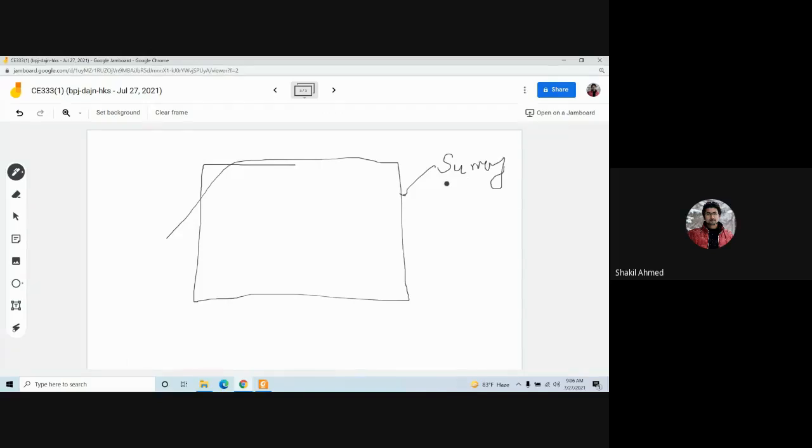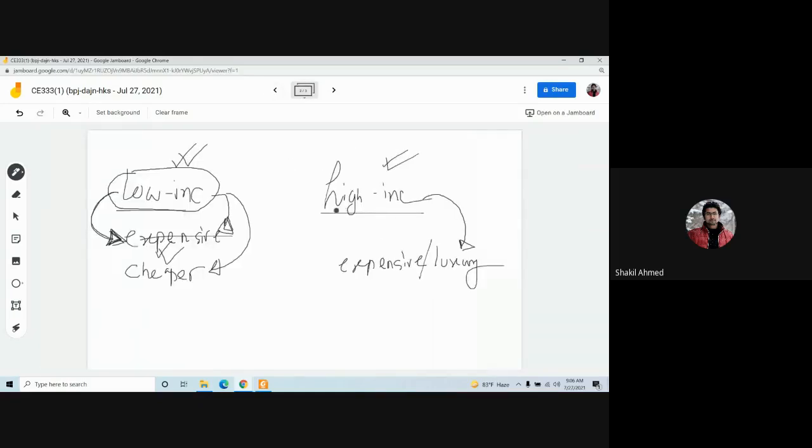Right? Yes. So you need to get an idea about their economic condition. Now, sometimes people may have money, but they are not willing to spend much on a particular service.